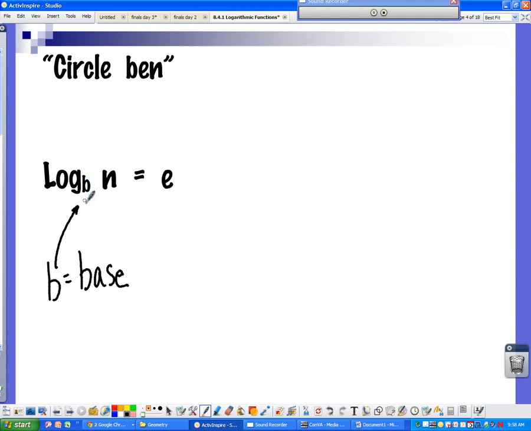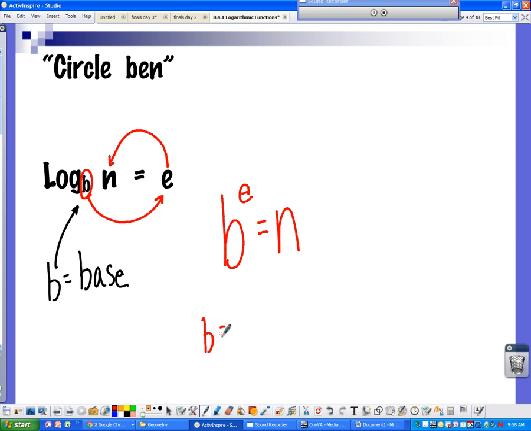If I wanted you to write it in exponential form, you would start with your base, circle, pick up the e, and then circle around and pick up the n. That's where we get circle B-E-N. B is the base, e is the exponent, and n is your number. So b still remains the base of the exponent as well as the log. E is your exponent, and then n is your number.